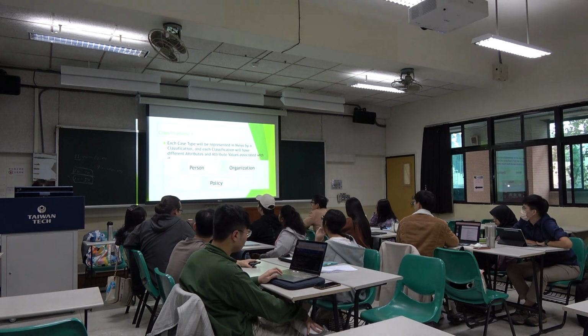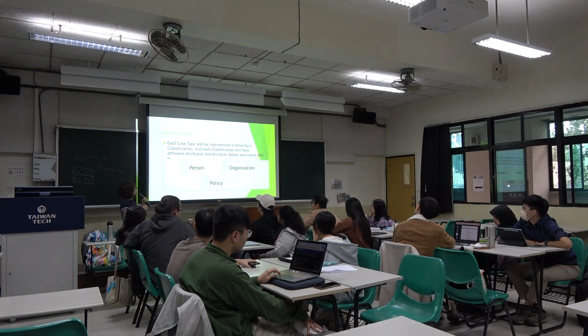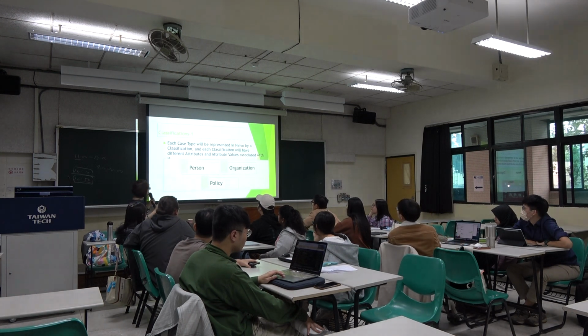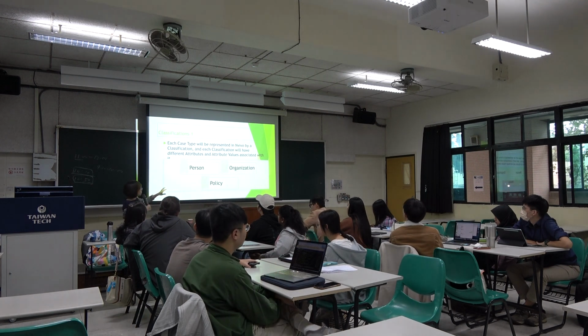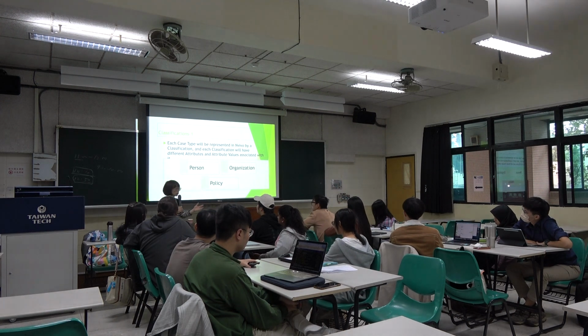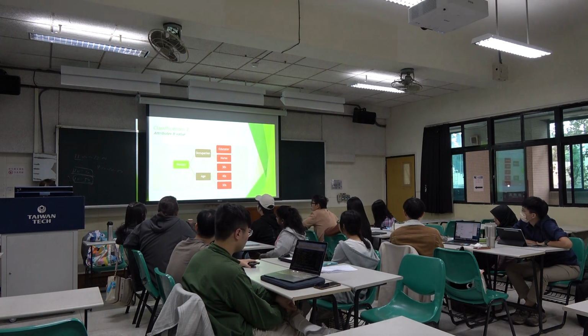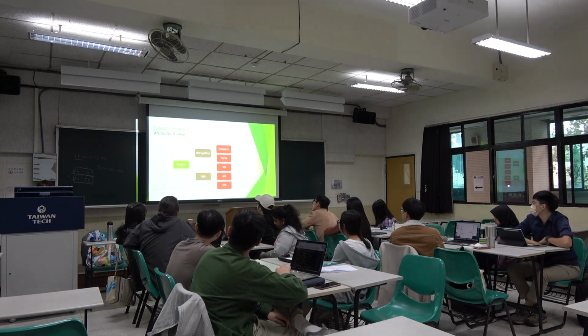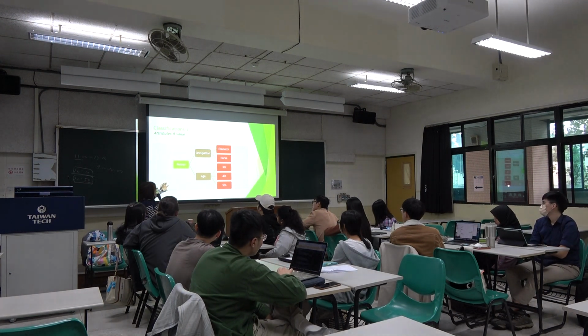All right, so classification. Each case type will be represented in NVivo by a classification. You've got to do some classification in NVivo, and each classification will have different attributes and attribute values associated with it. For example, person, organization. Probably you're studying educational policies in different settings, so probably you've got to use organization, or policy. And attributes and values, for example, the person and the person's occupation, and age.